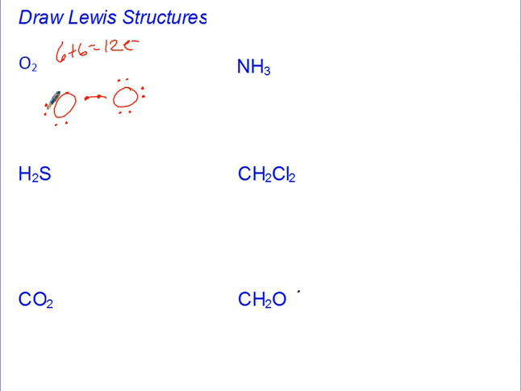I got to 12, but is something wrong? And yes, something is wrong. I don't have 8 valence electrons around the oxygen. I'm short. This oxygen only has 6. So what I'm going to do is erase one of these pairs and turn it into what is called a double bond.